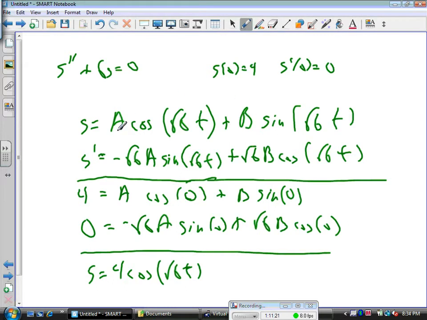Sometimes you get 10 cosine. Sometimes you get 5 sine. Sometimes you get both, 10 cosine plus 5 sine. It doesn't always have to be cosines. It's just fluky because of the initial conditions. You're going to see that on the homework, question 20, for example. We can talk about that briefly tomorrow, if you're stuck on that at all.